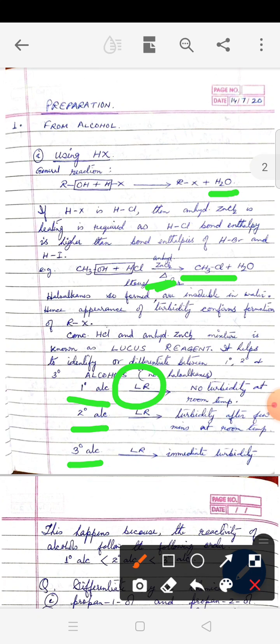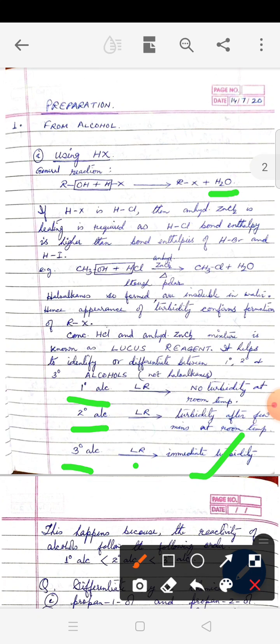If you take secondary alcohol and add Lucas reagent, you will find that turbidity is forming after a few minutes at room temperature. Here also we don't heat, but it is forming when it's kept for some time. It shows that secondary alcohols are a little more reactive than primary alcohols. And if we take tertiary alcohol and add Lucas reagent, there will be immediate turbidity without heating.